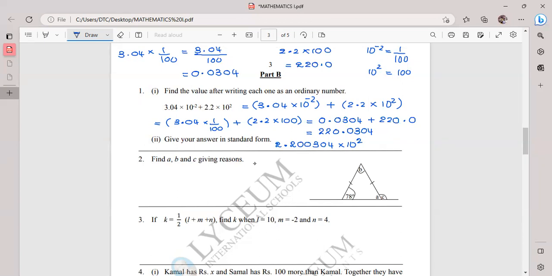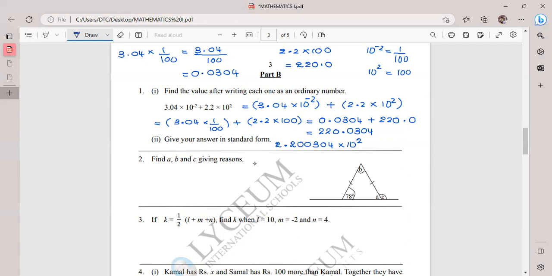Then you have the second bracket, 10 to the power 2, which means 100. Then you multiply 2.2 by 100, so that becomes 220.0. Then you add these numbers, so it becomes 220.0304. So that is the ordinary number answer.